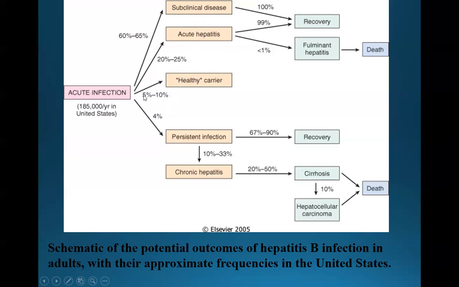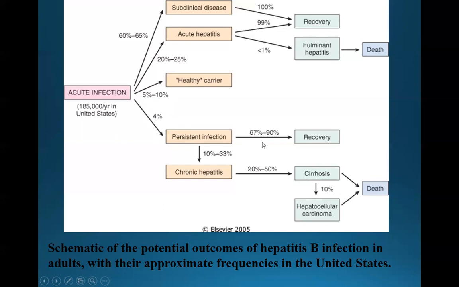Only about 5 to 10% of the time do you have the healthy carrier. Healthy carrier, because for a long time there has been a debate about whether there is any such thing as a healthy carrier when it comes to hepatitis B. Now, in about 4% of the time, that's when you start to see the chronic infection.